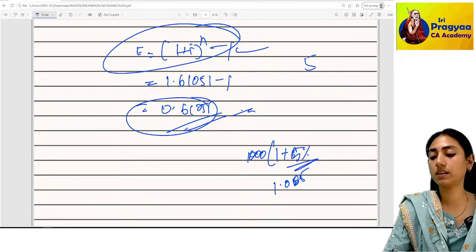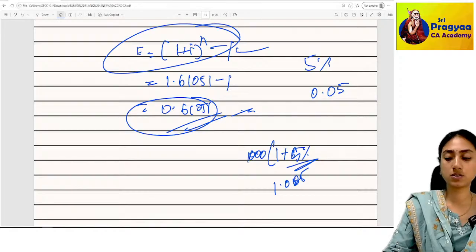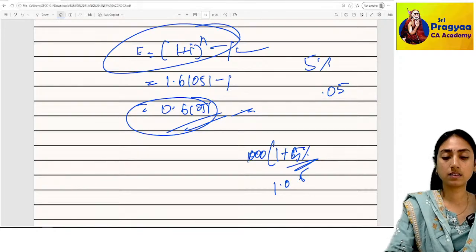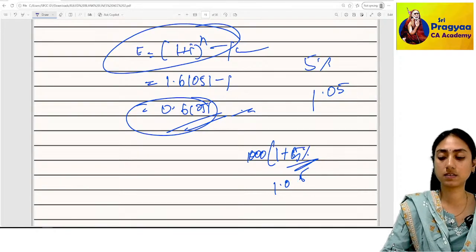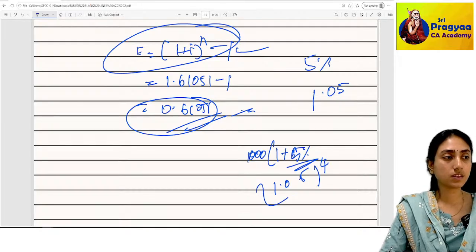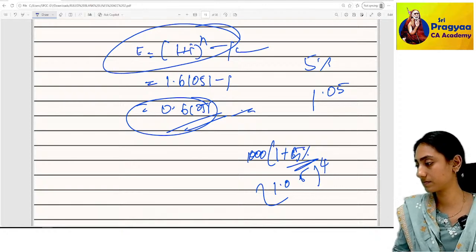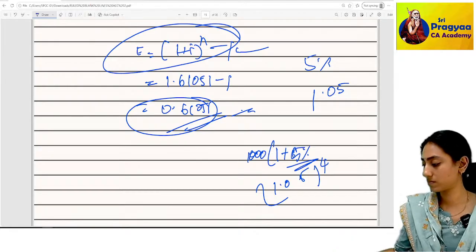Okay, how do I express this? 1 plus 0.05, correct. Sorry, there's one zero that's extra. The whole power 4, correct?